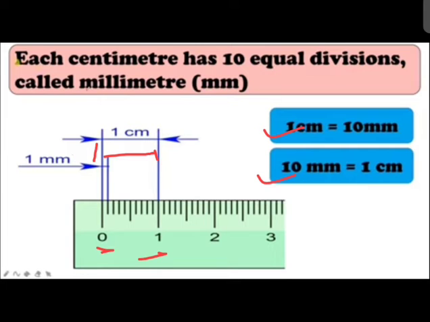And each centimeter has 10 equal divisions, which are known as millimeters. As you can see here also, from this 0 till this 1, we have 10 divisions. You can count these divisions. These are 10 in number, and that is why 1 centimeter is equal to 10 millimeter, or you can say that 10 millimeter is equal to 1 centimeter.